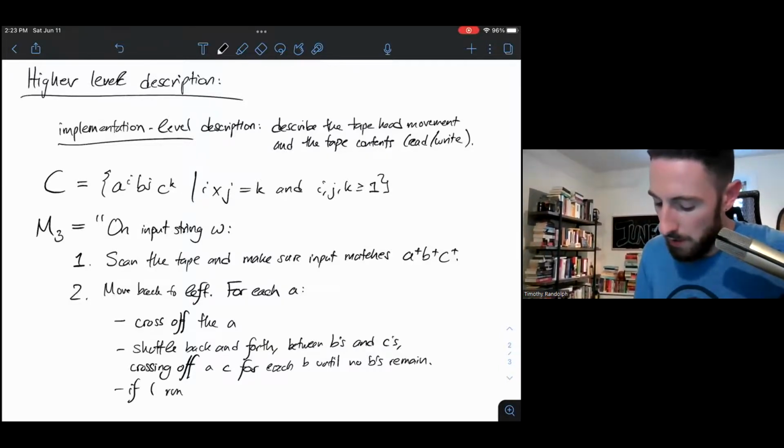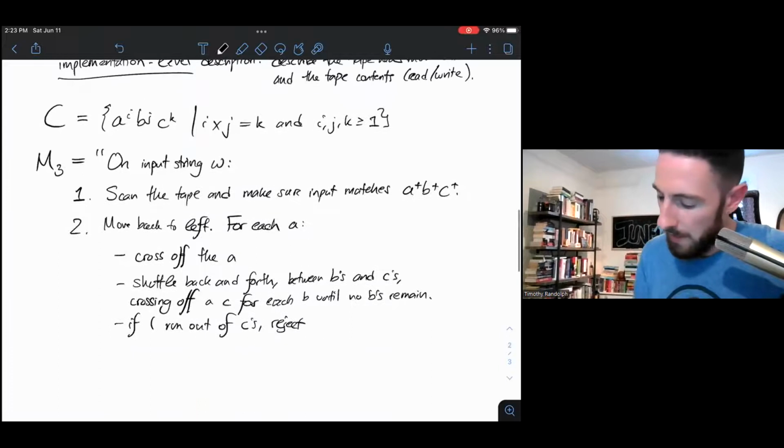If I run out of C's, I will reject, and otherwise, I will restore the crossed off B's.